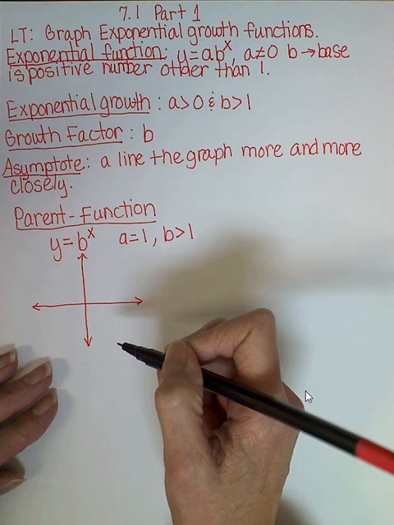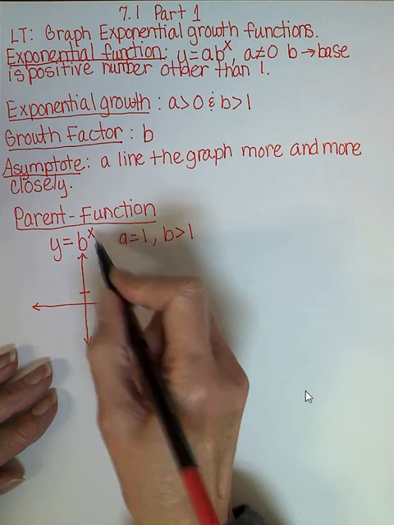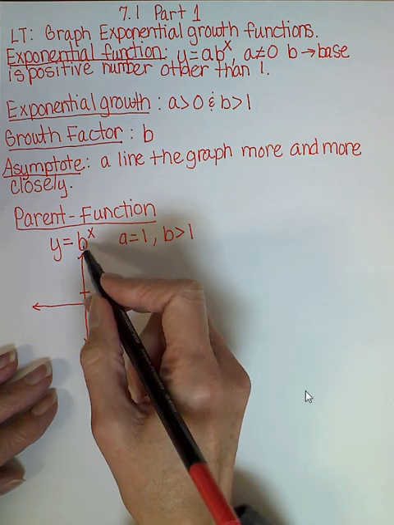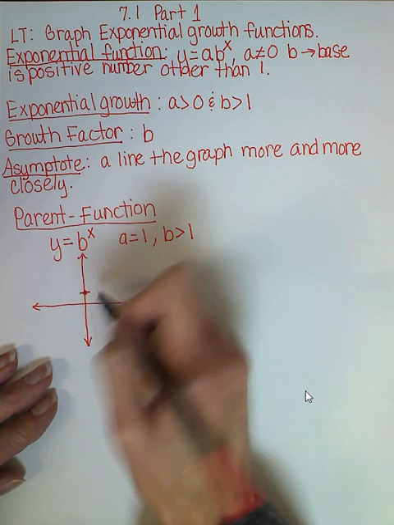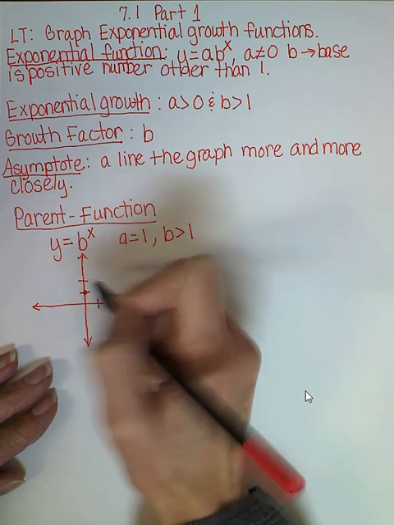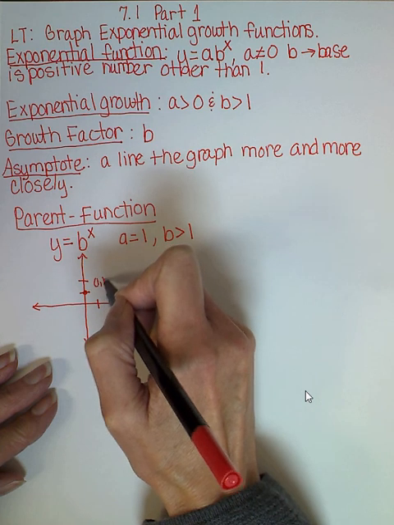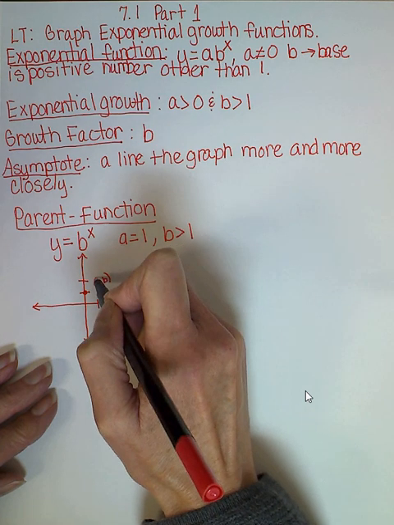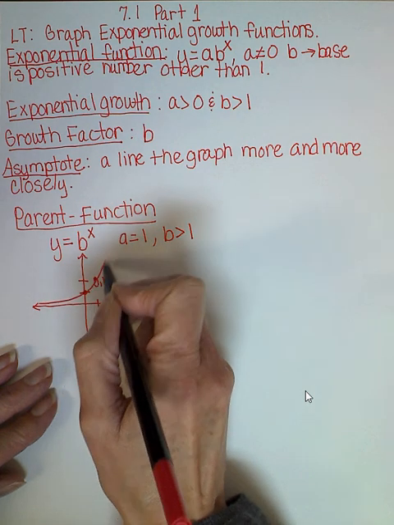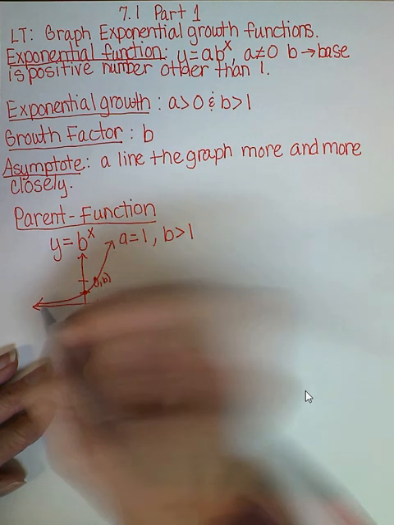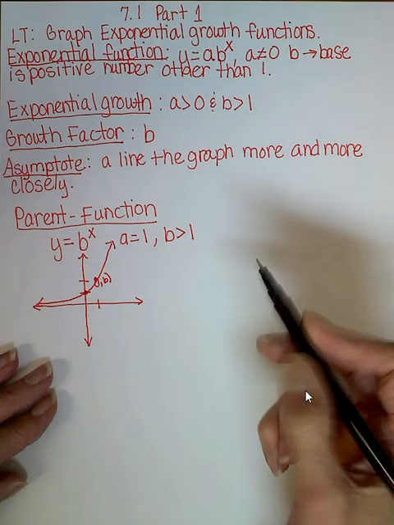So at 0, if I plug a 0 in and I take a base to the 0 power, remember it's always 1. And then we don't know exactly what this point is, but we're going to call it (1, b). Okay, it'll be right here. And you probably remember the basic shape of exponential growth. It starts out really slow and then it grows quickly.